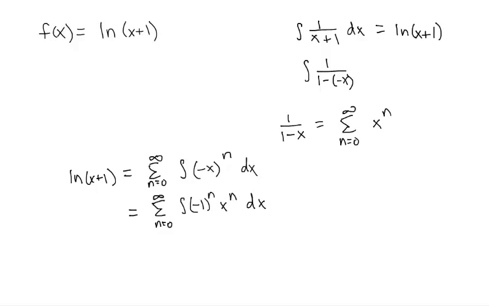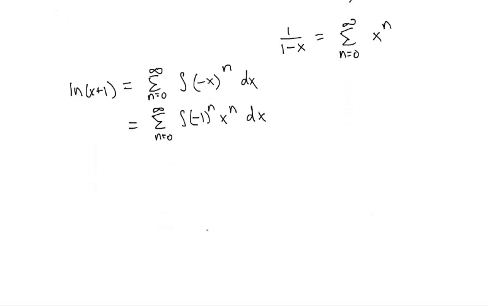And now I want to integrate, and I'm going to put my constant of integration out front, so I'm going to have c plus the sum of n is equal to 0 to infinity of negative 1 to the n x to the n plus 1 divided by n plus 1.